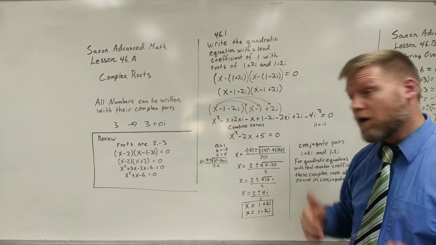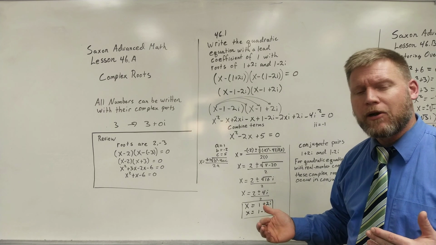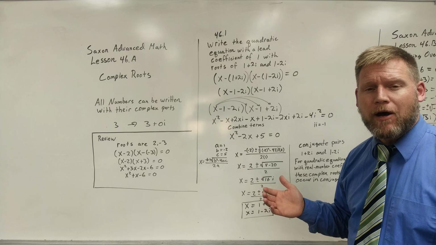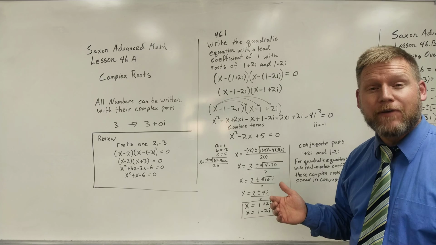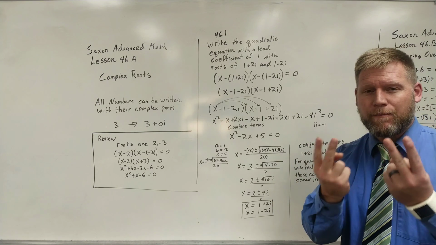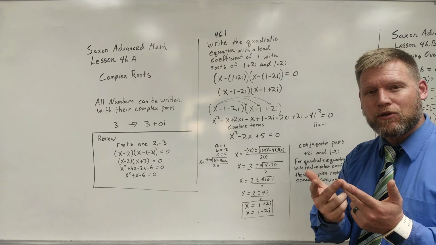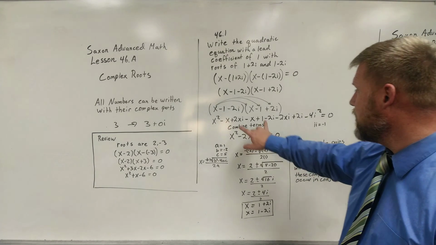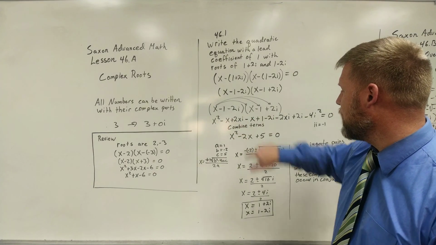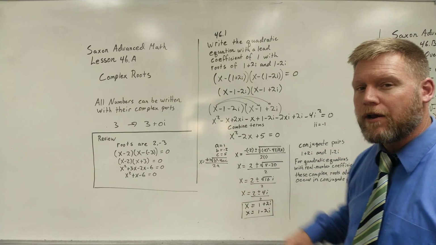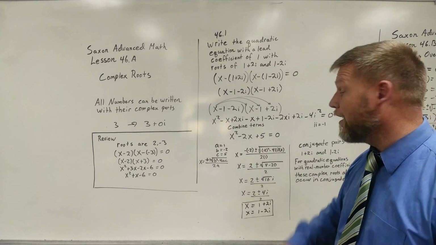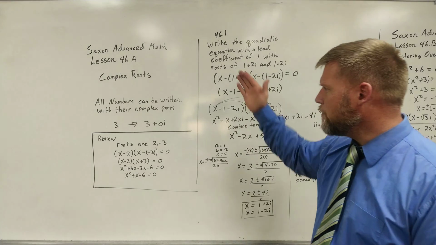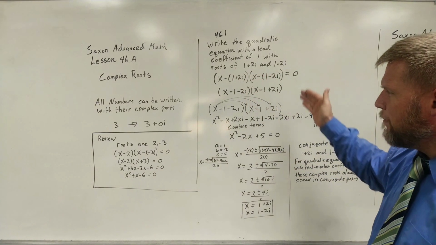But if we have 1 plus the root of x in the denominator, I can't do that. So I multiply the bottom and the top by 1 minus the root of x, because I know that a conjugate pair is going to cancel the middle terms and square the last term. That sounds really familiar, because that's what we did here. We canceled the middle terms and squared the last and ended up with a non-complex answer.